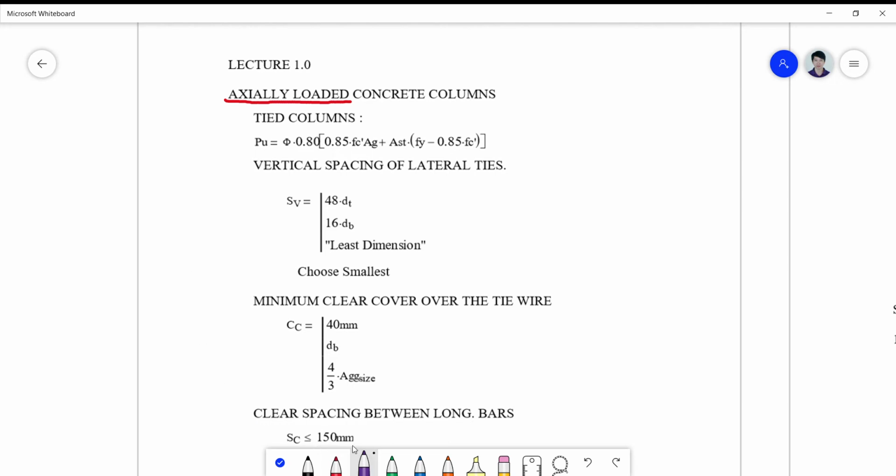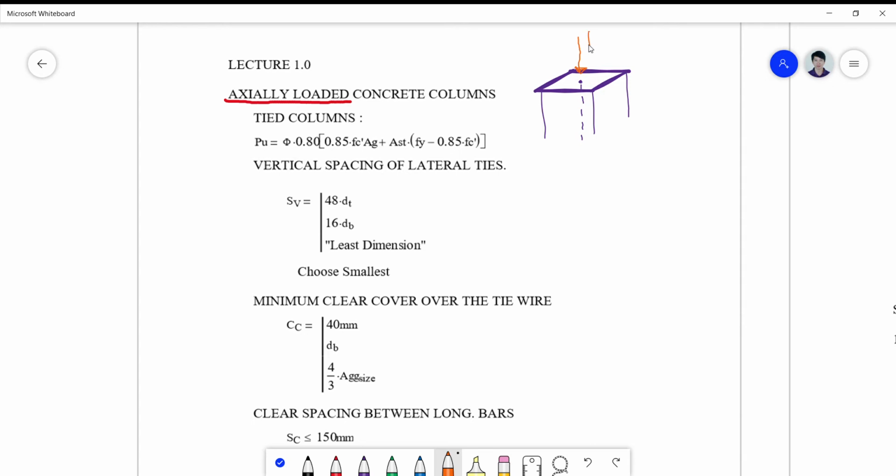So if we have here a column section, and if we define this as your longitudinal axis, the force is coincidental with this axis that passes at the center of gravity of the concrete section.